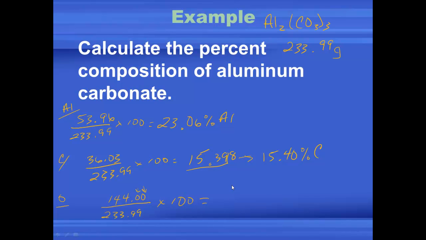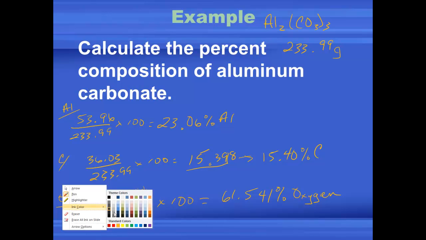So 144 divided by 233.99 times 100, and that gives me 61.541% oxygen. Okay. So for the percent composition, those are my answers.